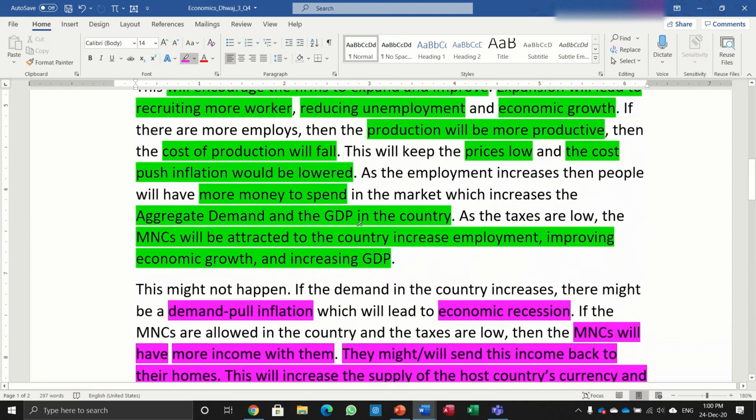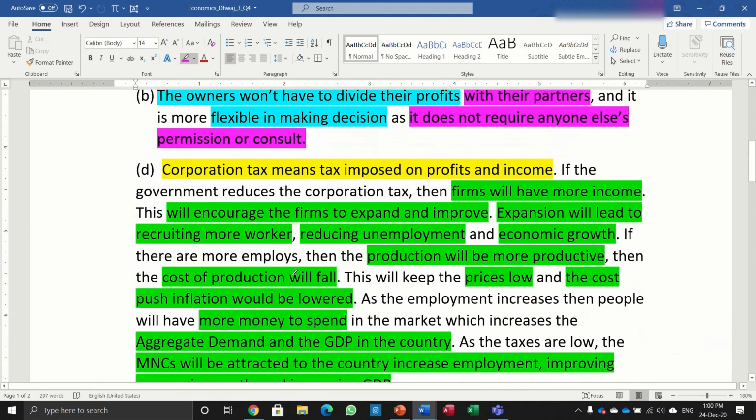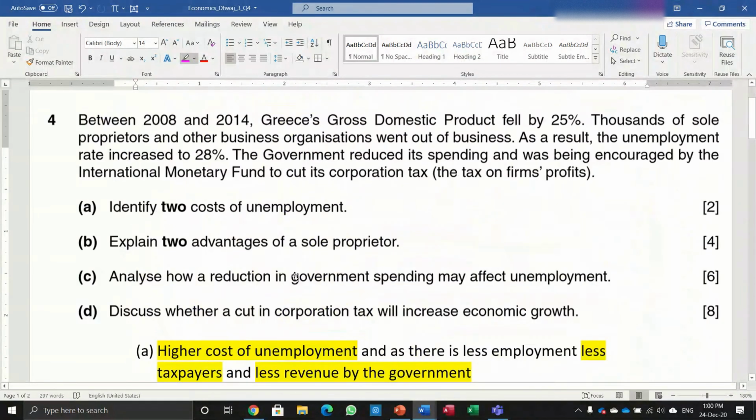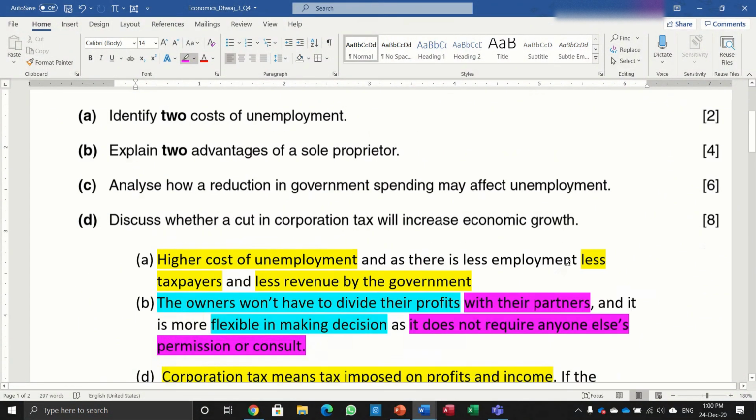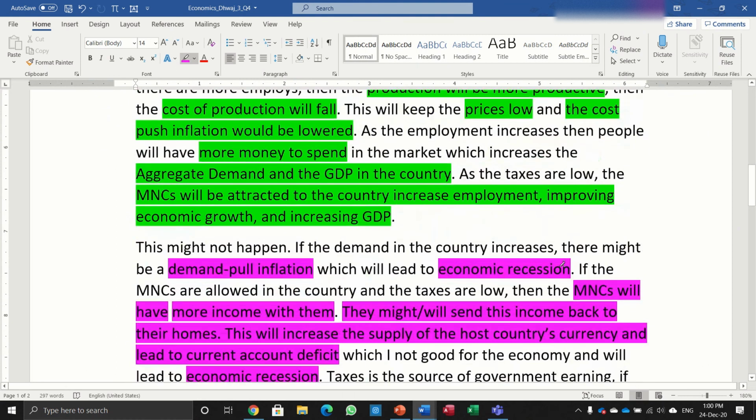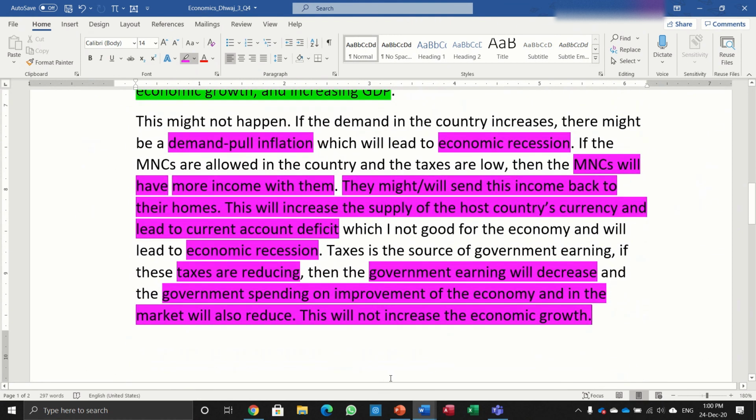The conclusion that you can write is that cut in corporation tax will increase economic growth, but it will also cause demand pull inflation, which will lead to economic recession if policies like contractionary monetary and fiscal policies are not applied.